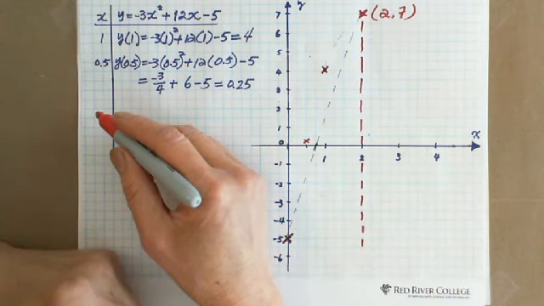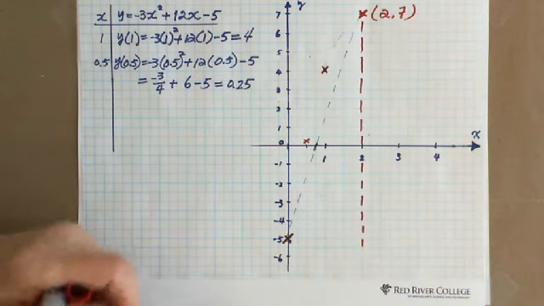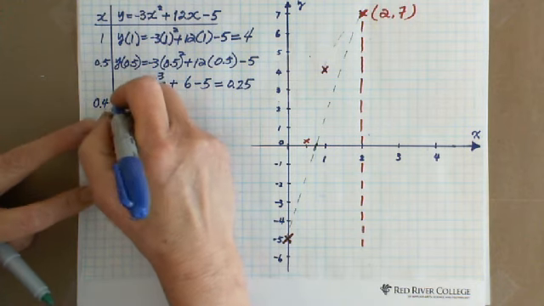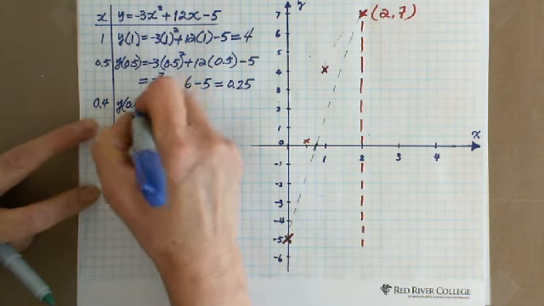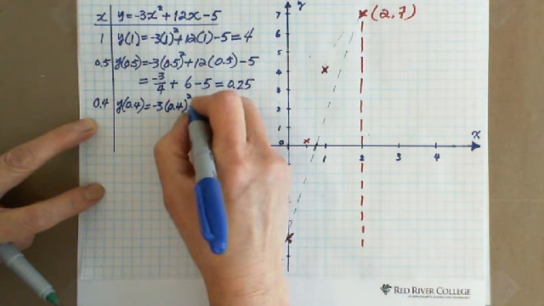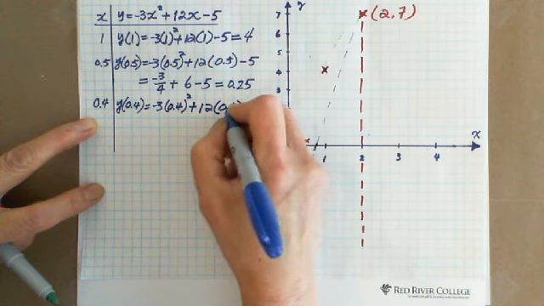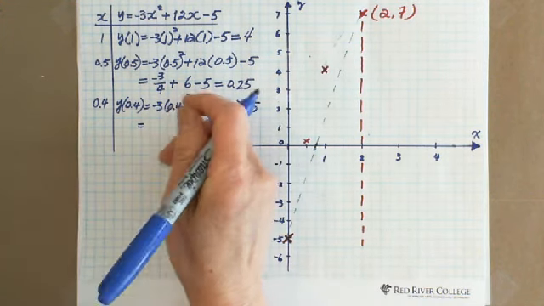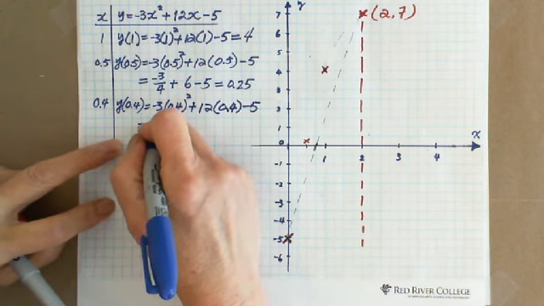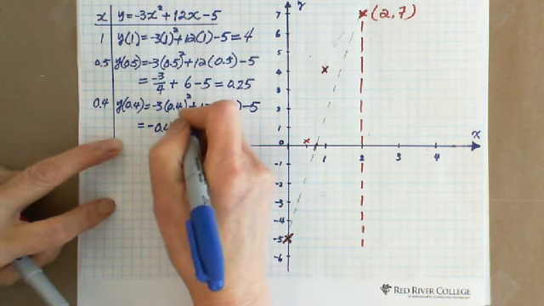So if you want one more value, you can choose 0.4, right? You can choose 0.4. And let me show you. If you choose 0.4, what happens? So this one you have y at 0.4. This is -3 times 0.4 squared plus 12 times 0.4 minus 5, right? Then 0.4 squared is 0.16. Multiply by negative 3, you get negative 0.48. It's 3 times 0.16.